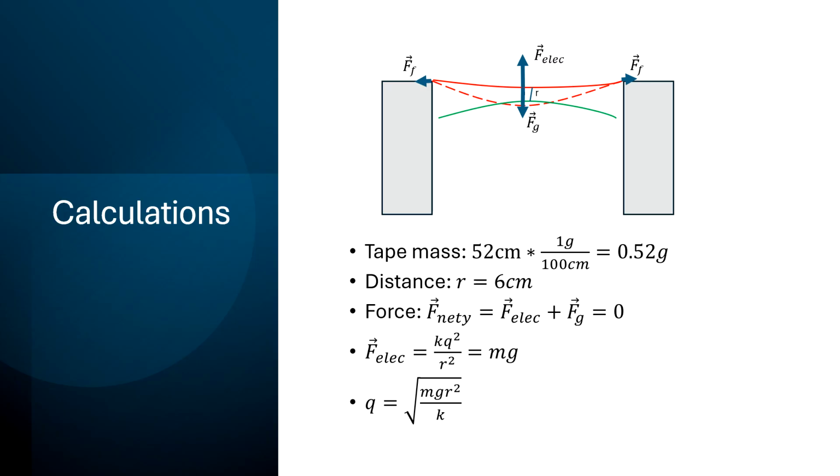We know that the net force in the y direction is equal to 0 because the force of gravity on the upper tape is being counteracted by the electric field and it is stationary, so there's no movement. By setting the force of gravity equal to the force of electric field, we can solve for Q.